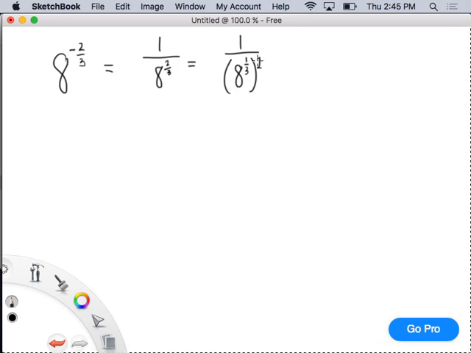Numerator on the outside. Okay, I get 1 over 8 to the 1/3 squared. What's the cube root of 8? 2, so that's just 2 squared, equals 1 over 4.